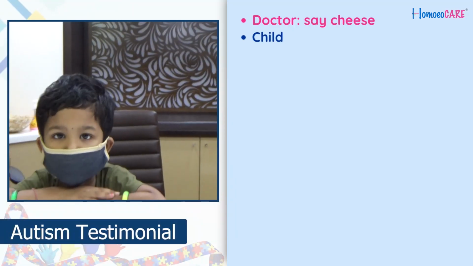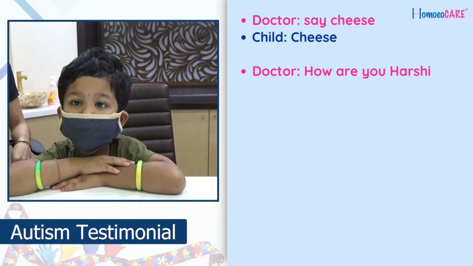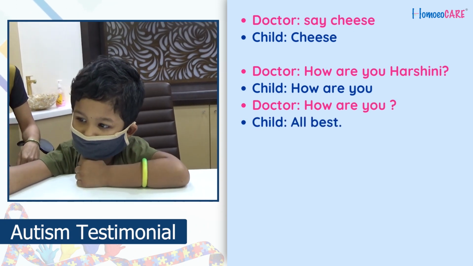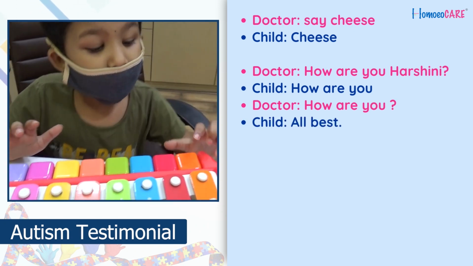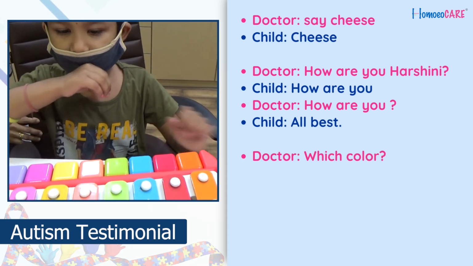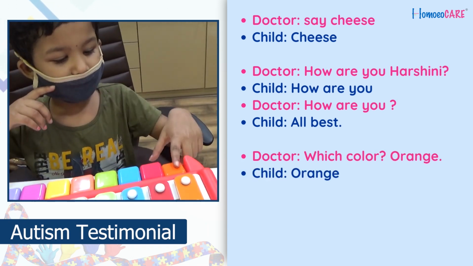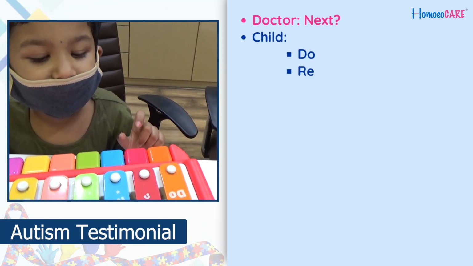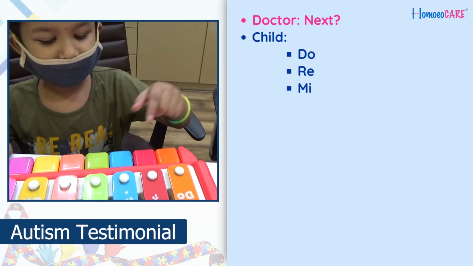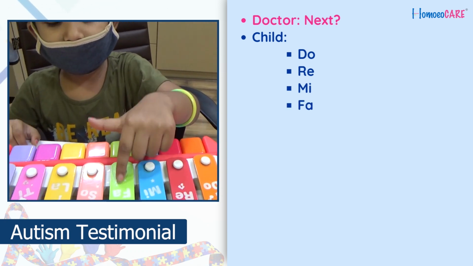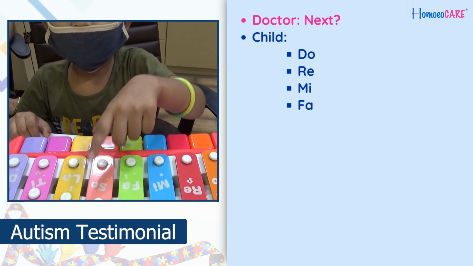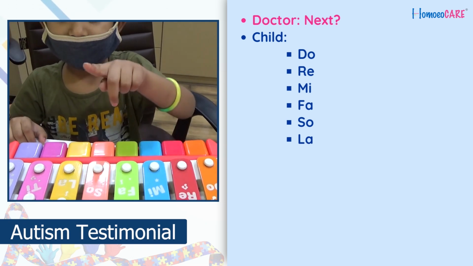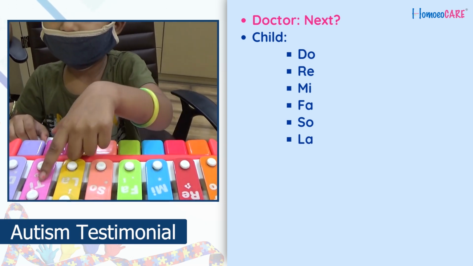Say cheese. Cheese. How are you, Harshini? How are you? तू कशी आहेस? I missed battery. Which color? Which color? Orange. Orange. Next. Me. Very good. Me. हाँ. Fa. अरे वाह. So. अरे वाह. La. हाँ. T. हाँ.